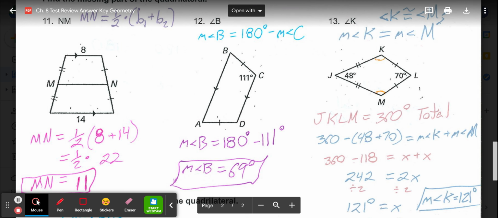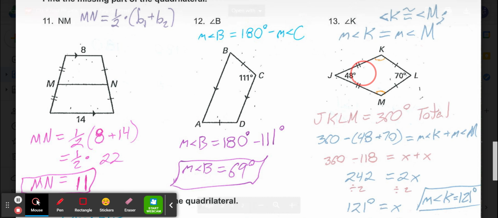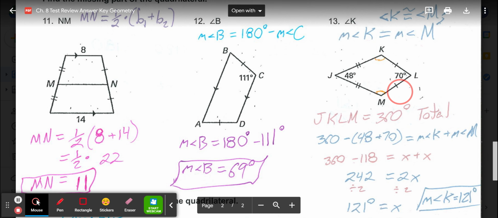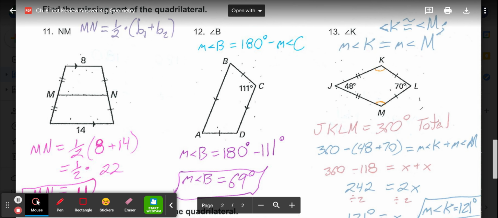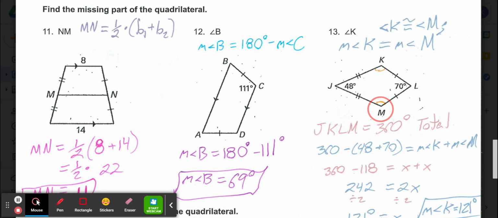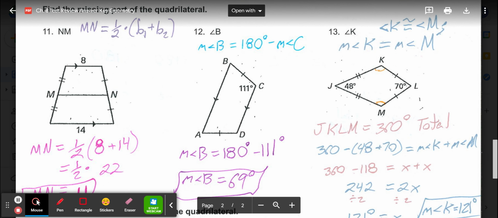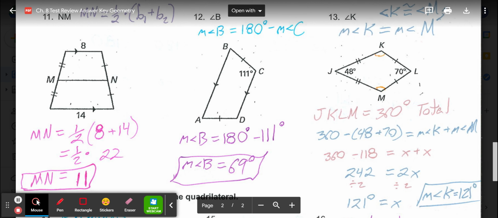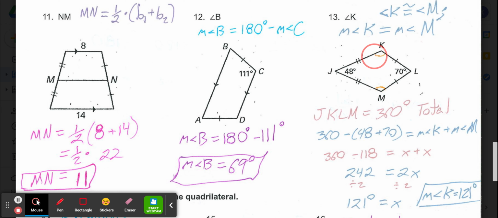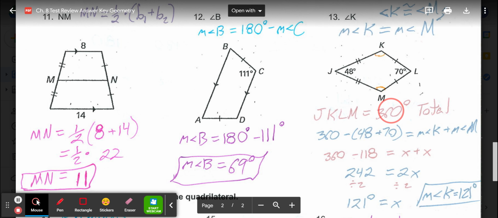And then in 13, I know I'm looking at a kite. So JKLM here is a kite, and I know JK is the same as JM, and KL is the same as ML. So what that also tells me, because this is a kite, I know angle K here and M here are congruent. So their measures are equal. Because JKLM is a four-sided figure, I know my total interior angles equal 360.